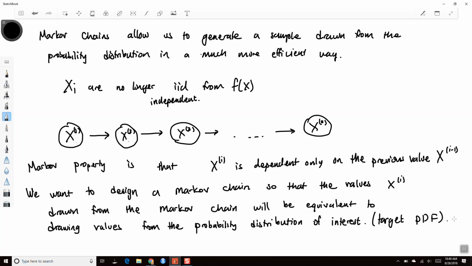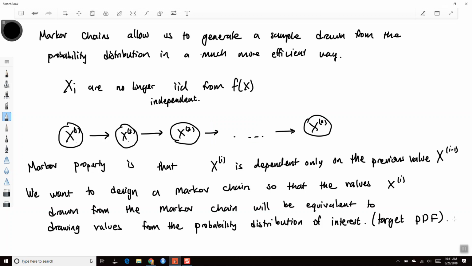And we just keep doing that. We're gonna get a series of values, and the idea is that after we do all of these values, by following these rules of generating values according to the Markov chain, the resulting values that we got are equivalent to having drawn them from the target PDF, okay?